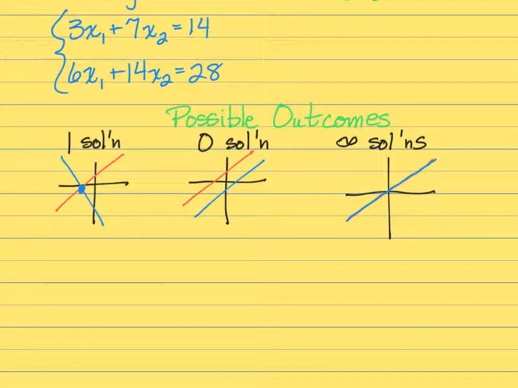But there are some other configurations with 3-dimensional planes that would provide us with 0 solutions. Finally, an infinite number of solutions would be the 3-dimensional case of what you see right there, with parallel lines or parallel planes that just overlap each other.